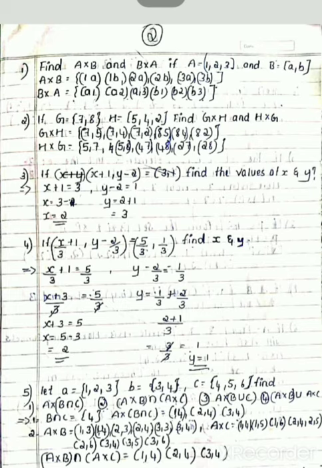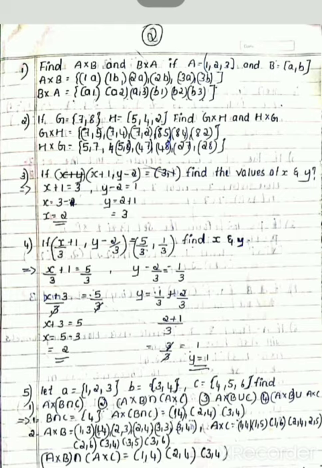Next, moving on to the third question. What is that? To find (A cross B) union (A cross C). See, A cross B is already written there. A cross C is also written.